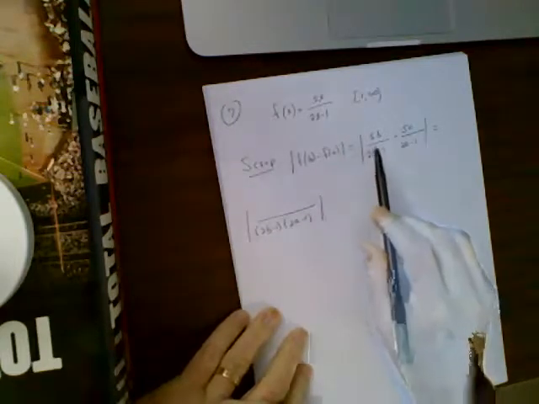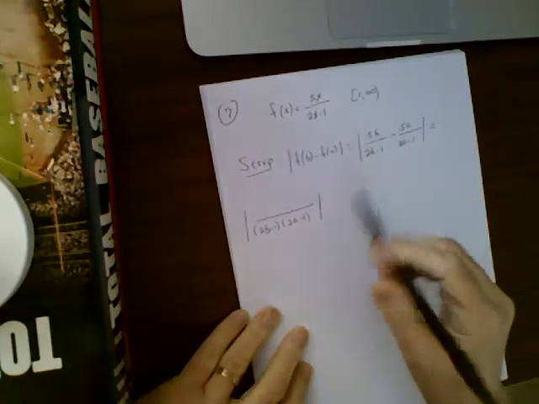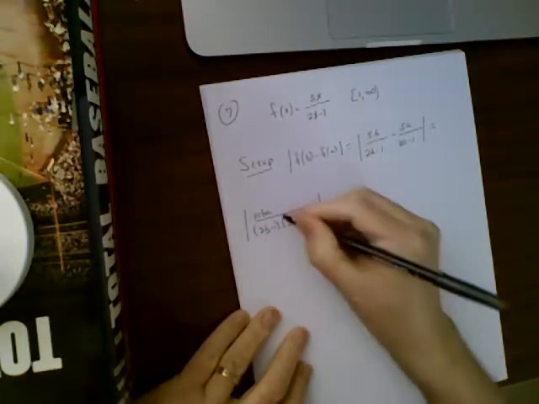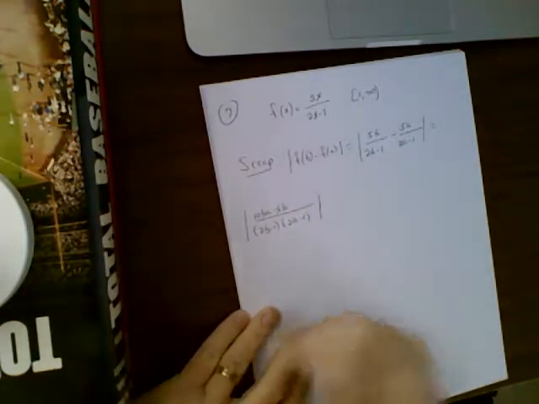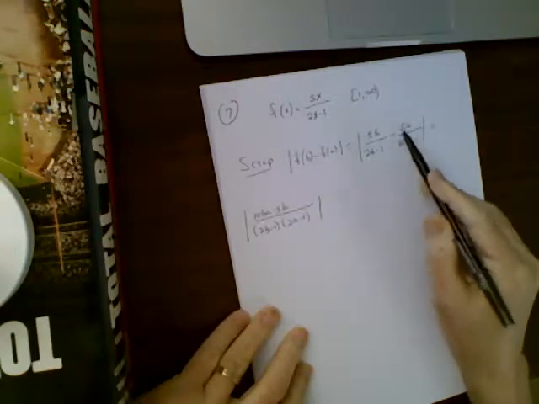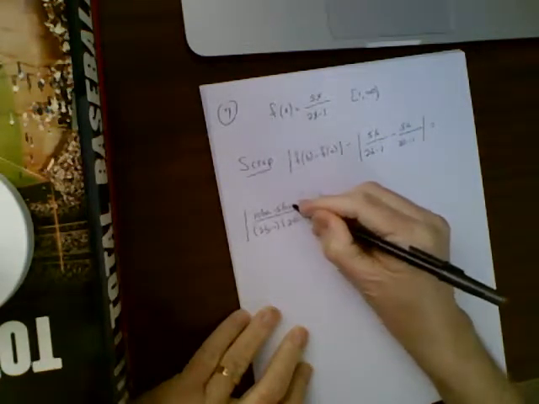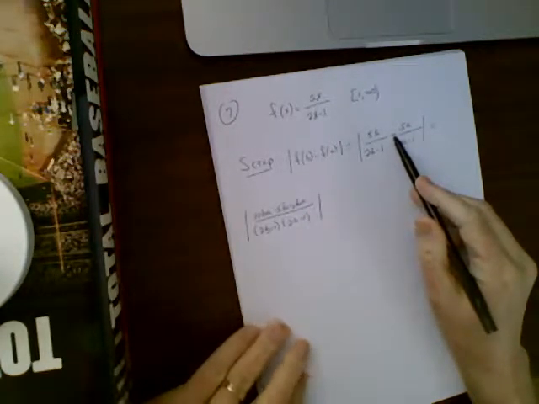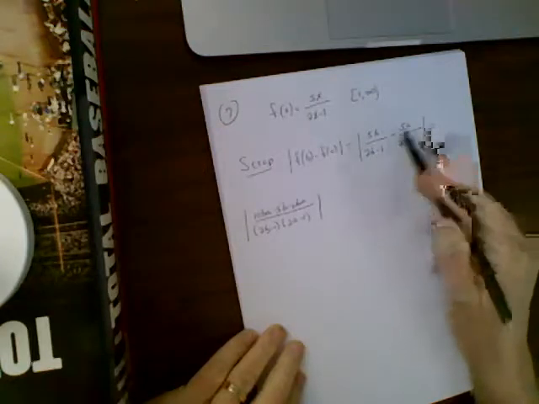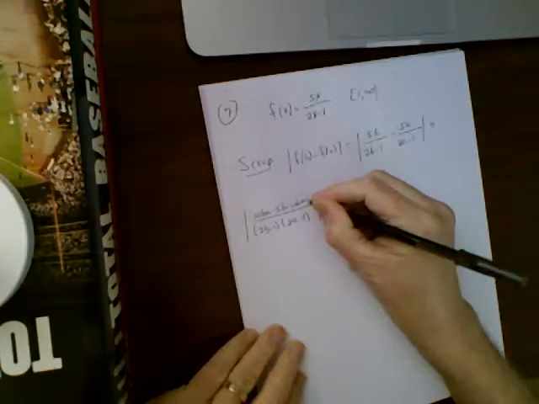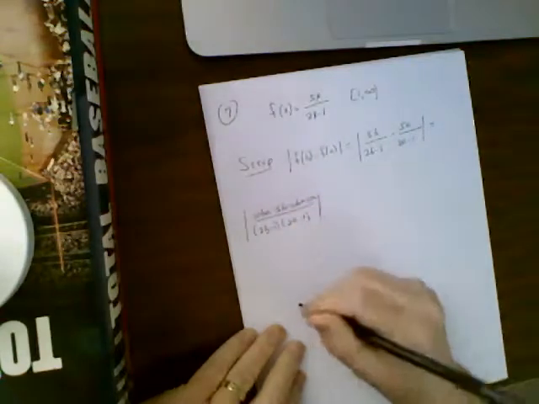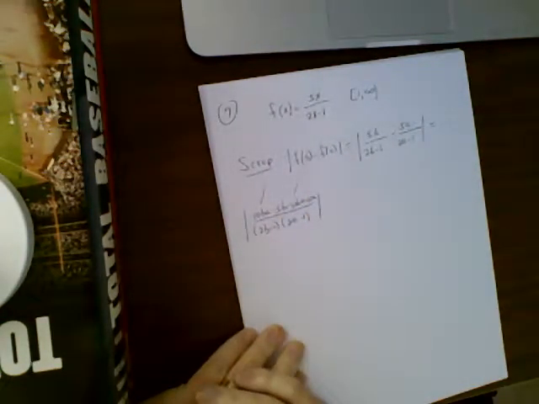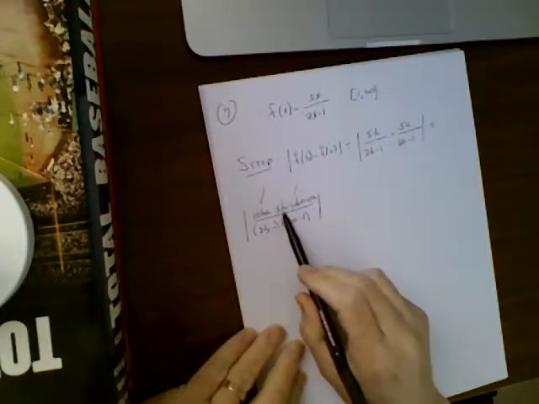When we do the cross multiplying here, this is going to be 10ba minus 5b. This is going to be a negated 10ba, and again, minus negative 5a, so plus 5a.